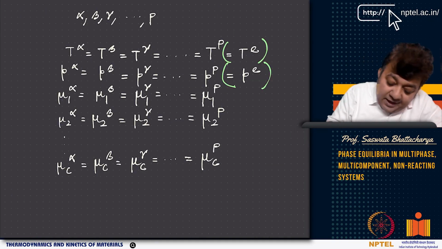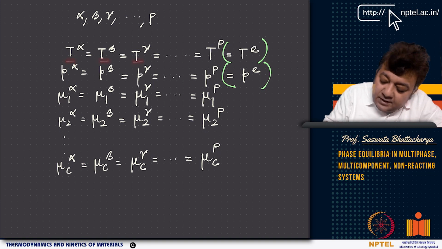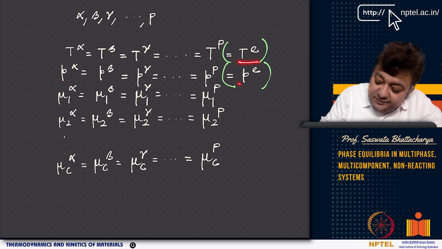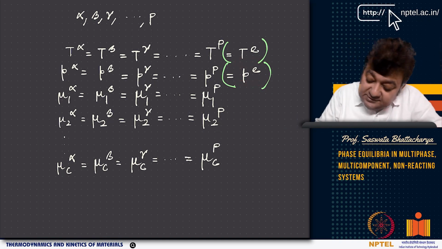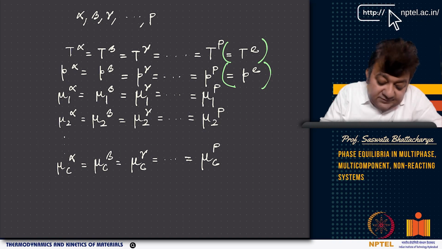So basically, if you have phases alpha, beta, gamma, and up to phase P, then you have also seen this: T alpha equals T beta equals T gamma up to T P, which is equal to T equilibrium. Similarly for pressure, this T equilibrium or P equilibrium is that of the reservoir. All of the subsystems will assume the temperature of the reservoir.